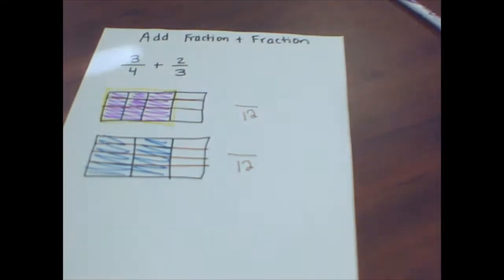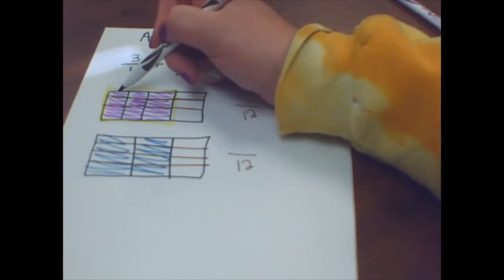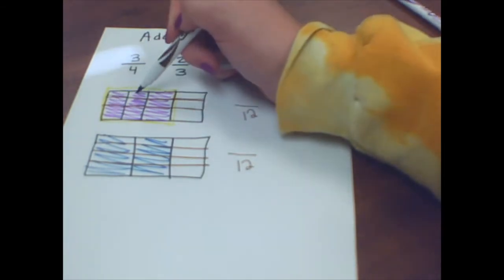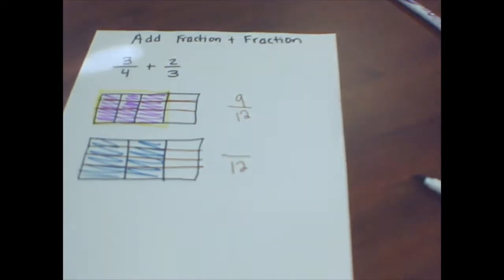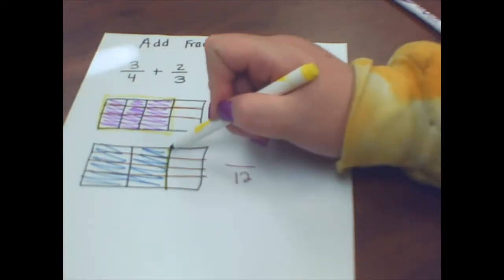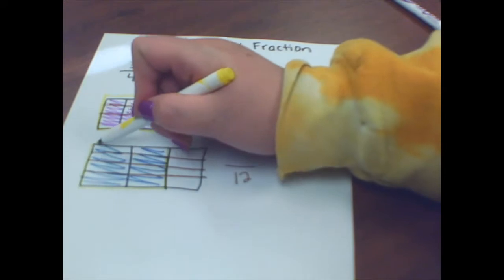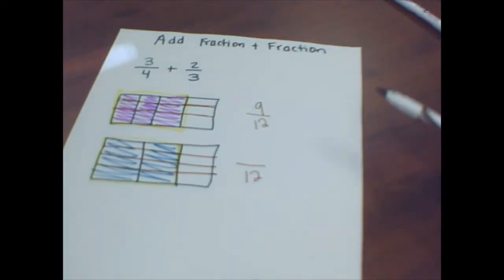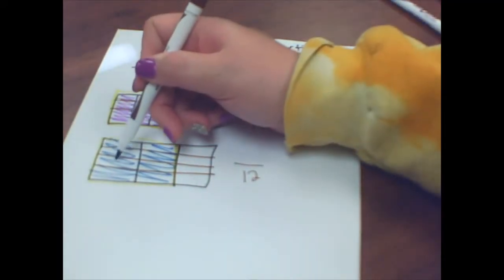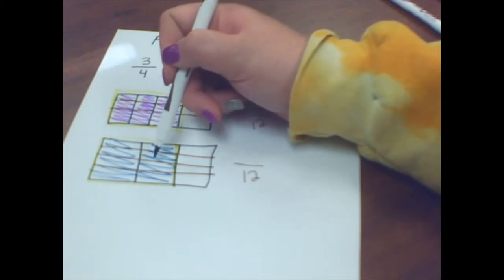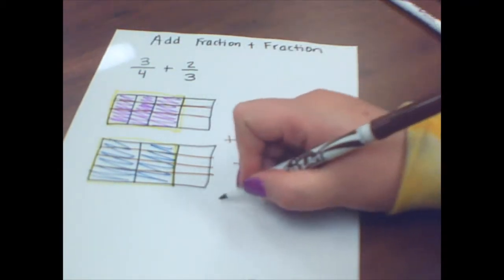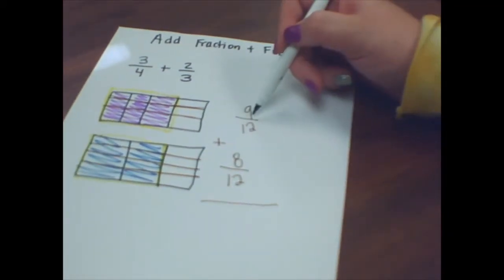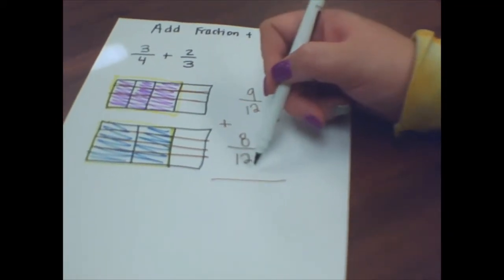I'm going to count and see how many I have. I have 1, 2, 3, 4, 5, 6, 7, 8, 9. And if I only look at the part that's shaded here, I have 1, 2, 3, 4, 5, 6, 7, 8. So now what I really have is 9/12 plus 8/12.